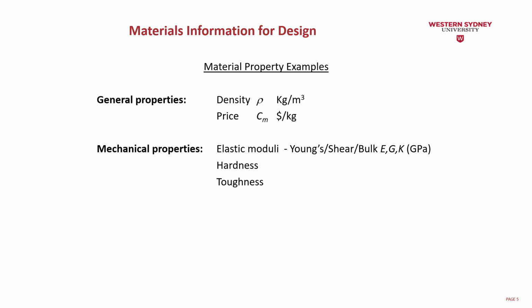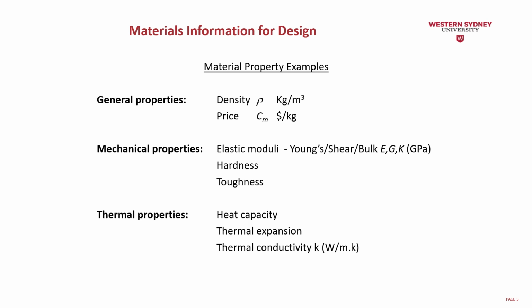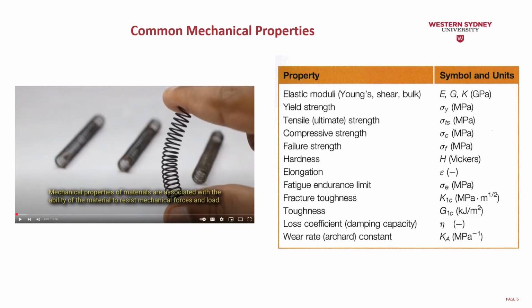Young's modulus, shear modulus, bulk modulus, E, G, K, in gigapascals, the hardness and the toughness. We have thermal properties, which include heat capacity, thermal expansion, and thermal conductivity. We're going to talk about all this stuff today. Also, we have the electrical properties like the electrical conductivity, which is about how many ohms we have per meter length.